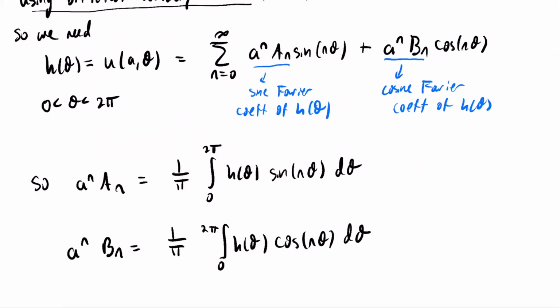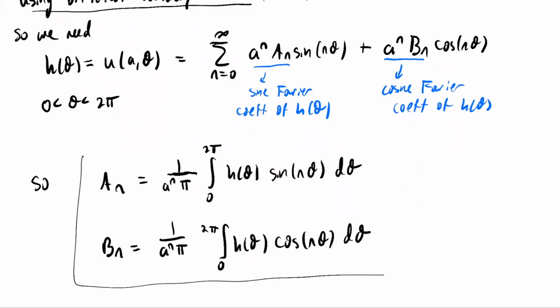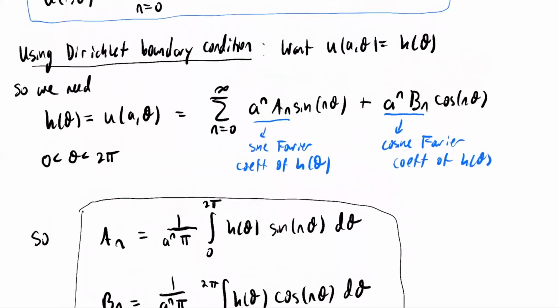Right, these are just the full Fourier coefficients on this particular interval. Well, now in order to find an and bn, I can just divide by small a to the n, right? So capital A sub n, the sine coefficient, is given by 1 over a to the n times pi, and then times this integral. And then bn is given by 1 over a to the n times pi times this integral. Right? And so these are how we find our coefficients in the above formula.